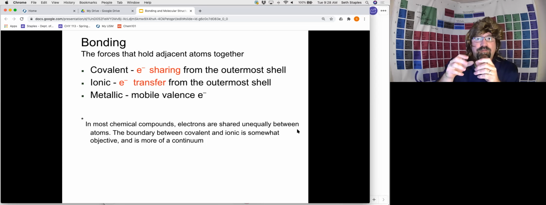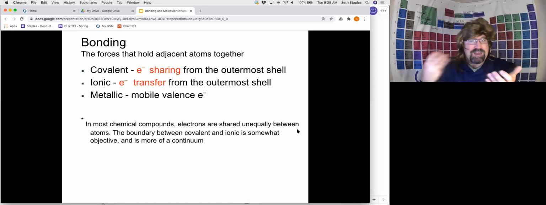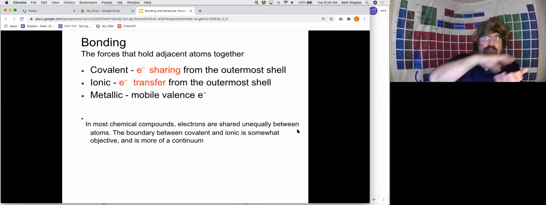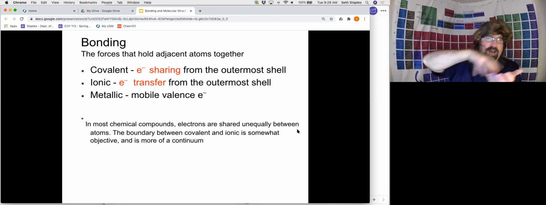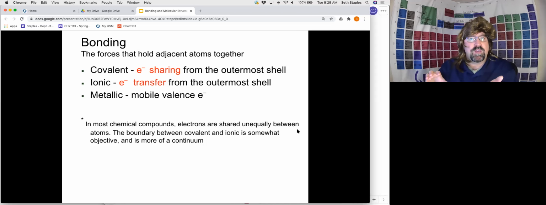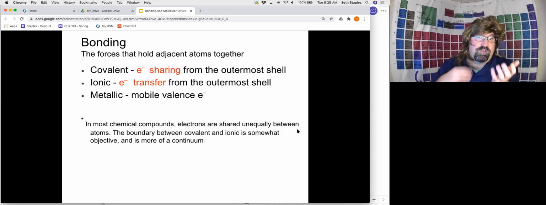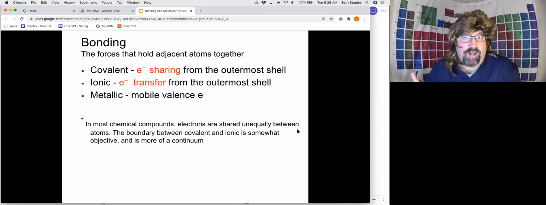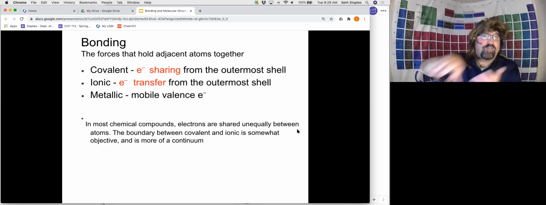And then rather than a sharing between atoms or a transferring between atoms, all of the valence electrons are sort of mobile throughout the whole entire structure, whole entire complex. They're not necessarily localized or shared between two of the atoms. They're just sort of free floating. That's one of the properties that gives metal its conductive properties. One of the reasons that metals conduct electricity so well is because of that free flowing of electrons in metallic bonding.